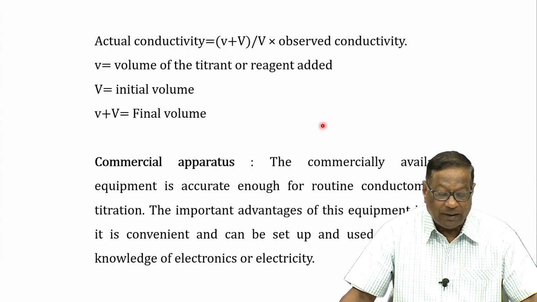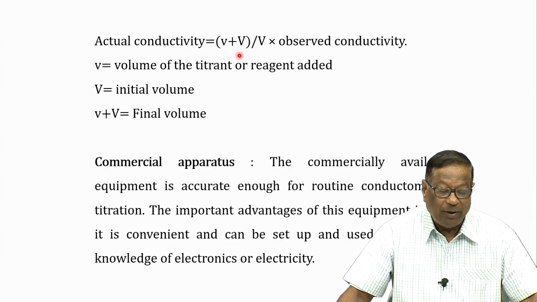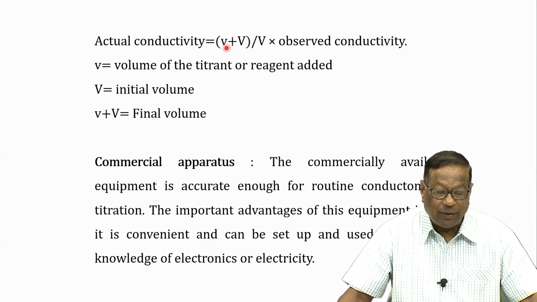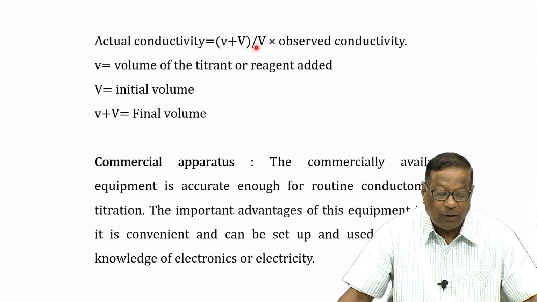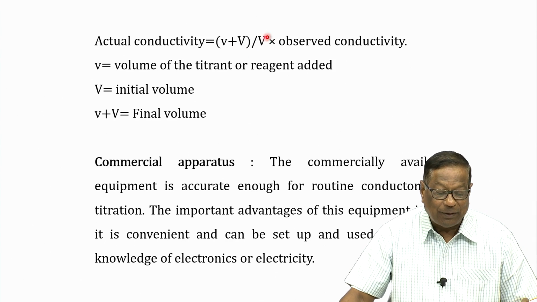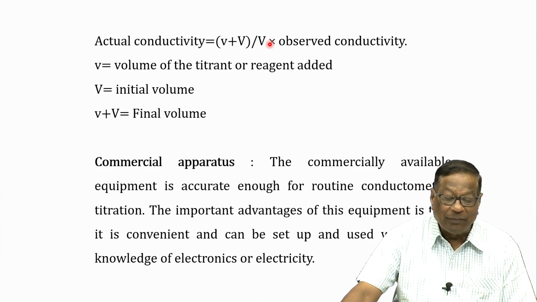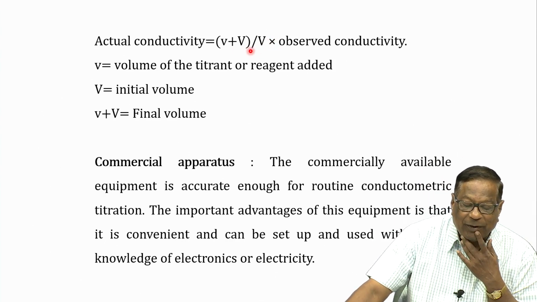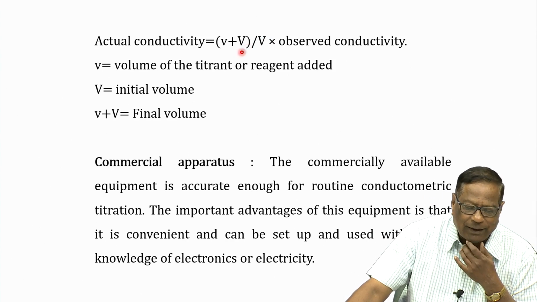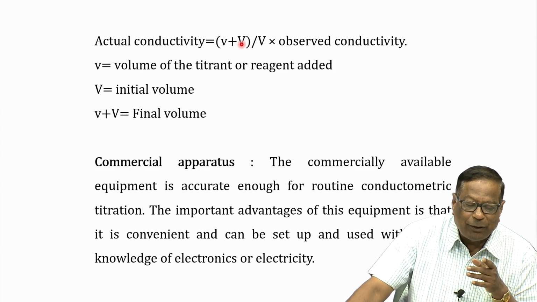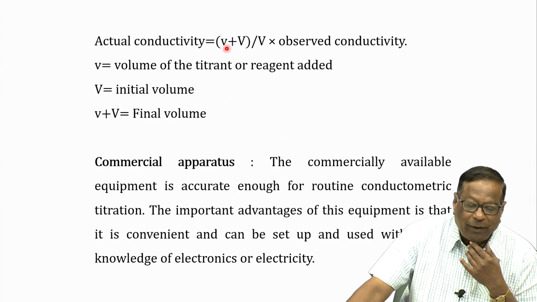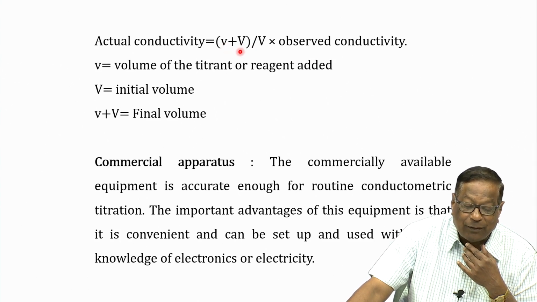So, the actual conductivity will be the sum of the titrant first, and then the titrand, and the total volume also will increase. So, we are writing a slightly complicated expression. If I take 10 ml of this and 10 ml of this, the total volume would be 20.